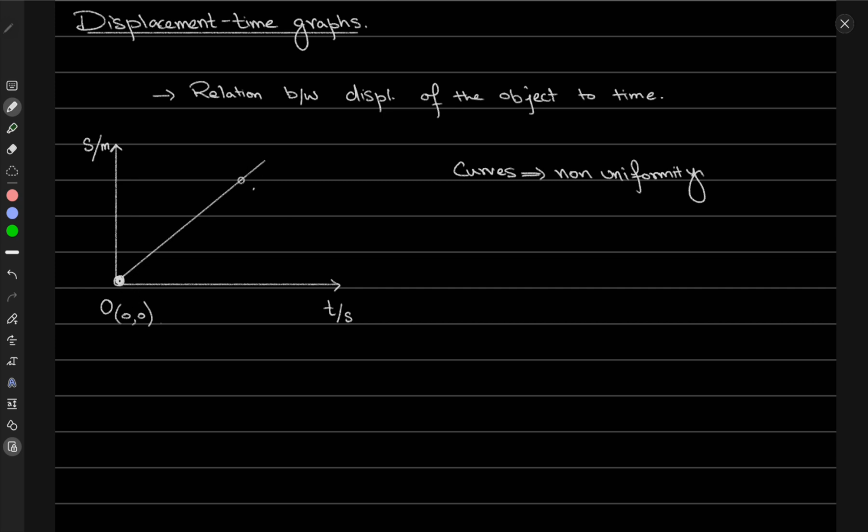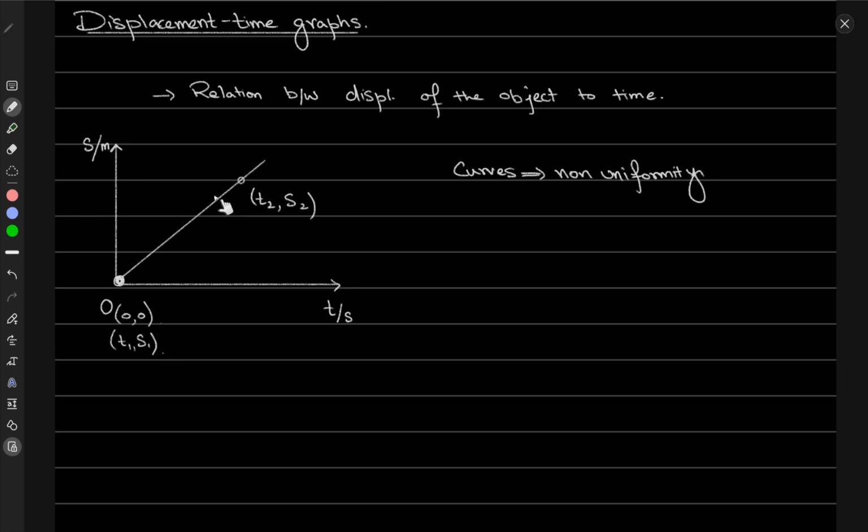So this would be t2 and s2, while this could be some other value. Let's suppose that this is just some t1 and s1.